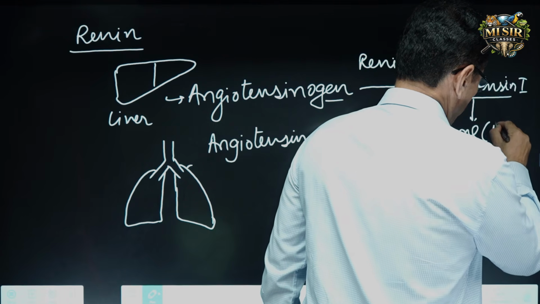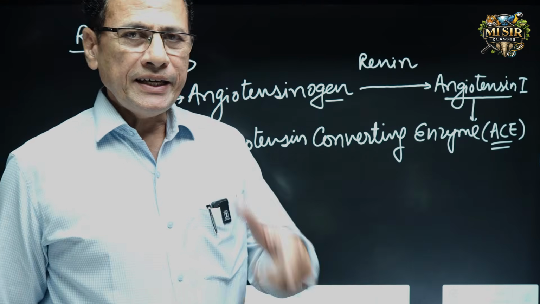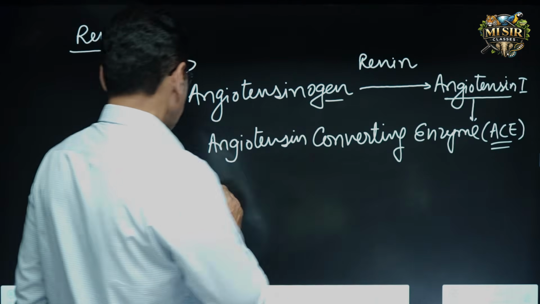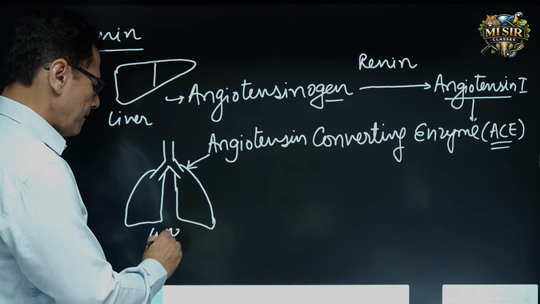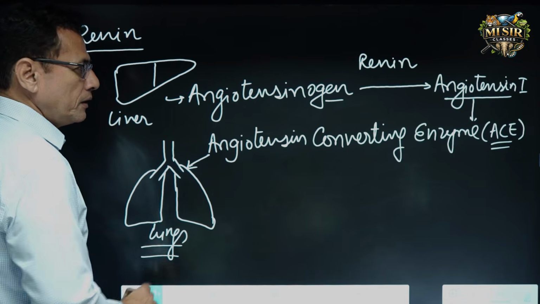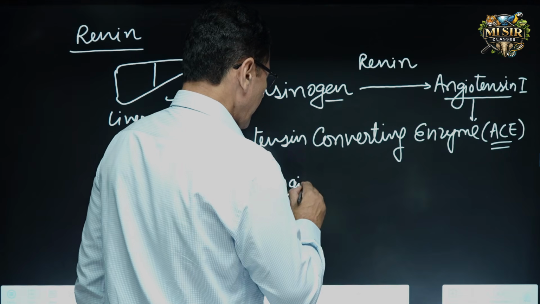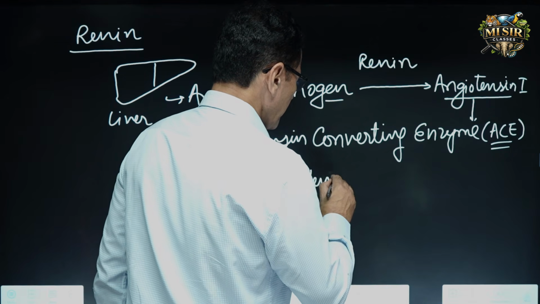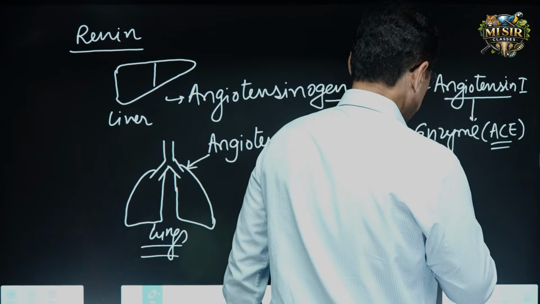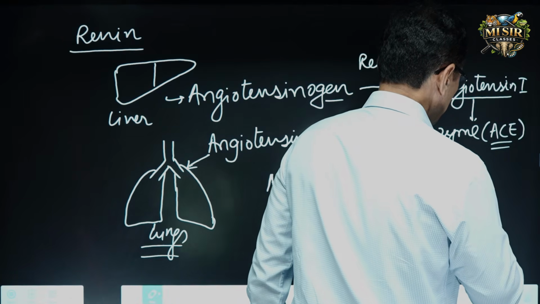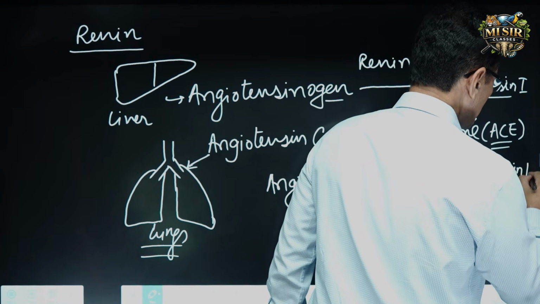Short form is ACE. This ACE is present on the surface of lungs. This substance cleaves angiotensin 1. ACE breaks it into angiotensin 2.